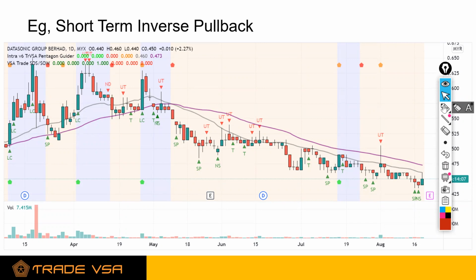Sometimes some members or friends from Facebook will ask me, oh Zach, this counter, for example Datasonic, which previously was a so-called good value counter, a fundamental counter. Now the price has dropped heavily, can they buy at a cheap price?